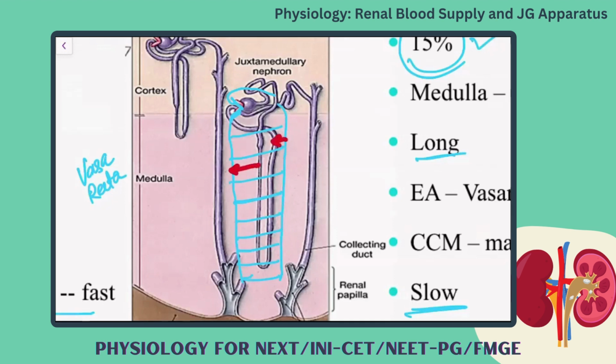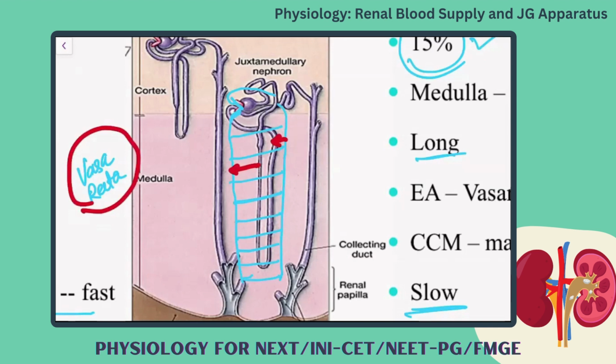Everything is from the blood vessels to the blood vessels. So how the blood vessels are arranged inside the kidney, this is how it is arranged, and that is called as vasa recta.